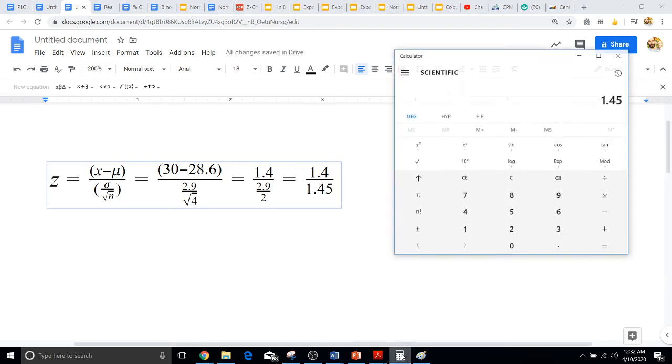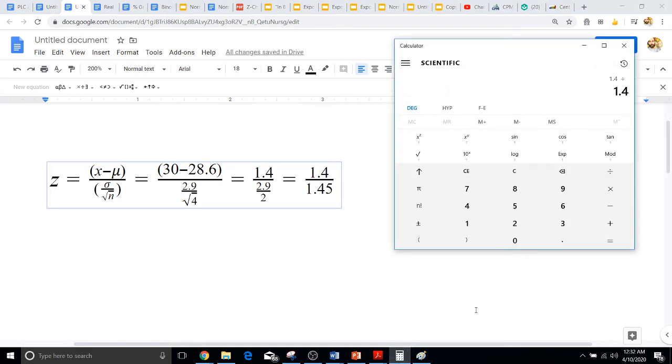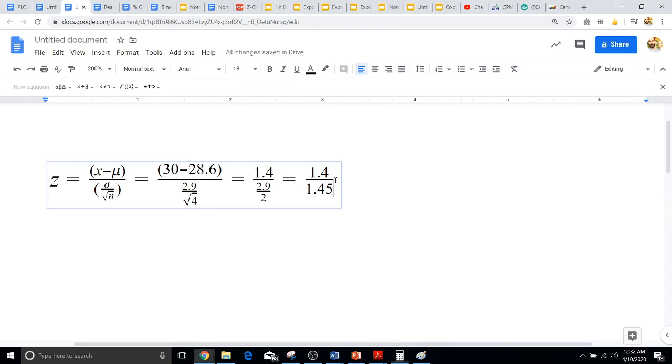Right. So 1.4 divided by 1.45 gives us approximately 0.97. So this is going to equal 0.97, and that's going to be our z-score.